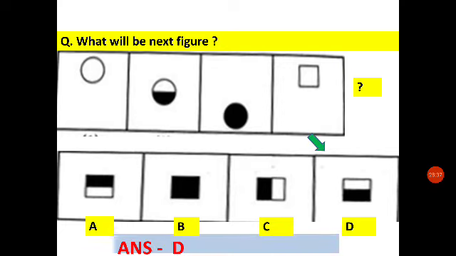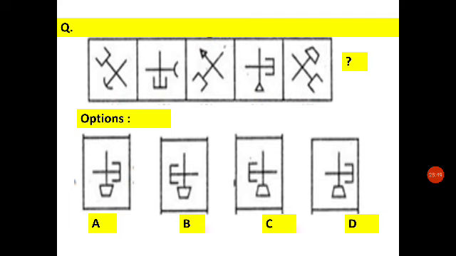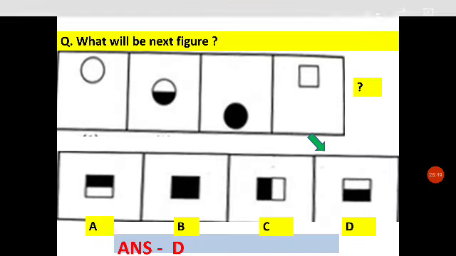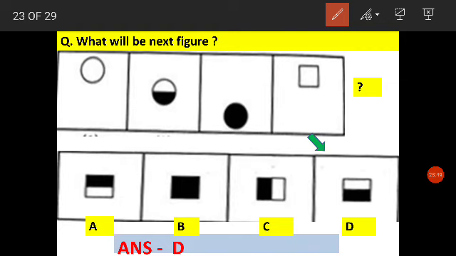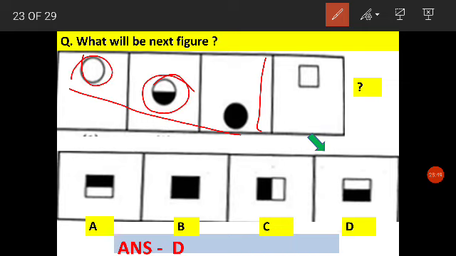Now, which figure will complete the series? Actually, here there is no correlation. The only thing is that you see a series of circles here and then it stops: blank circle, half black circle, full black circle, and it has stopped.